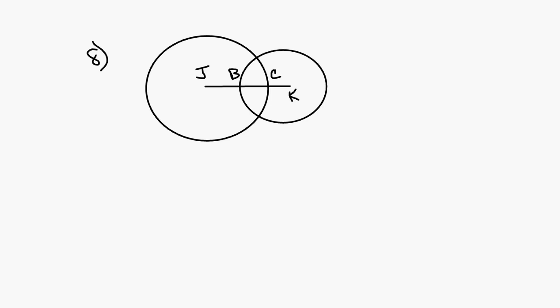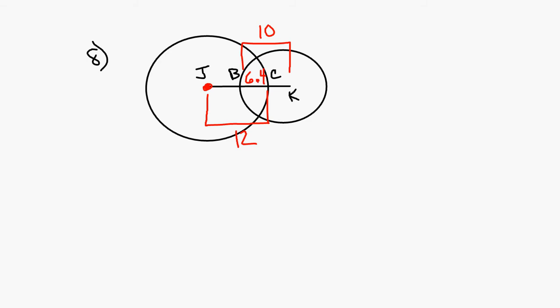So if circle J has a radius of 12, then J to C is 12 units. Circle K has a radius of 10. That means that from K to B is 10. BC is 6.4. So this little piece in here is 6.4.